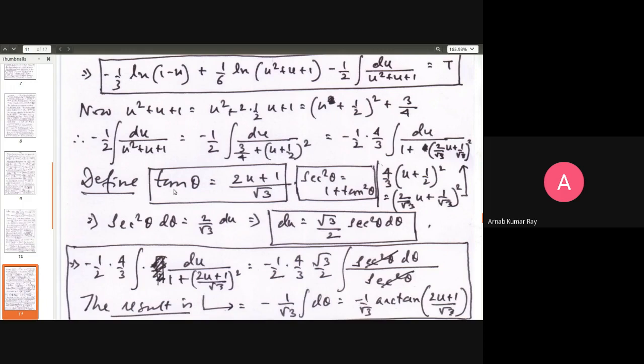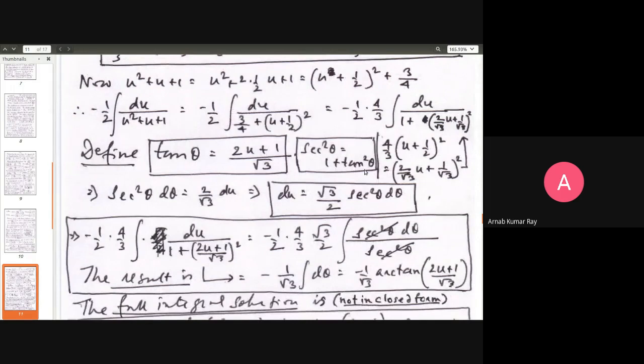So when you take the differential of this thing, it will be sec squared theta d theta equals 2 by root 3 du. Okay. So we have to now substitute du here as root 3 by 2 sec squared theta d theta. And so our integral will be minus half 4 by root 3 integral du by 1 plus (2u plus 1 by root 3) whole squared.